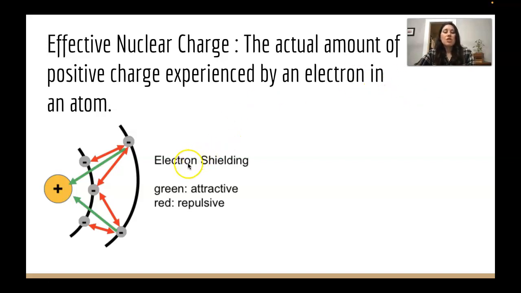That's called electron shielding, where other electrons are kind of blocking that positive charge from the outside electron, and they're also giving some repulsive forces. So just keep that in mind as we add more orbitals in between the nucleus and the outer electrons, what kind of feel they're getting from the positively charged nucleus.